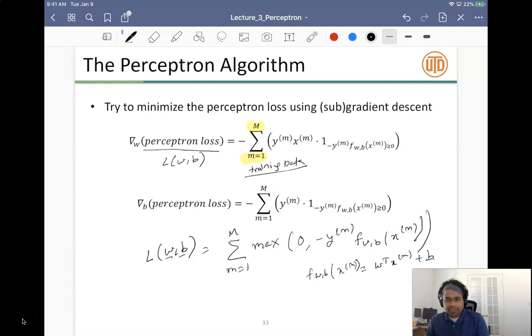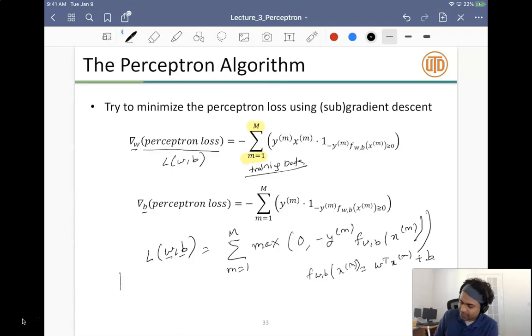Right, so I think so far so good, right? So the question is, given this perceptron loss, max of 0, minus ym times f, how do I compute the gradient with respect to w and the gradient with respect to b? Since it's a max of 0 and something, it's again not differentiable, right? But this function, max of 0 and something, is actually a very simple function.